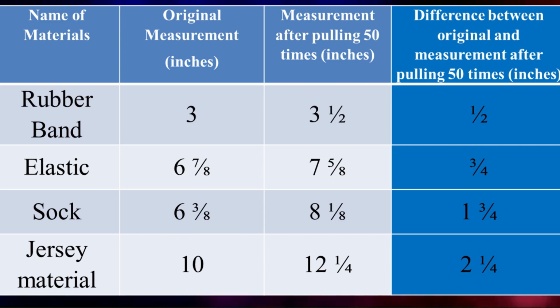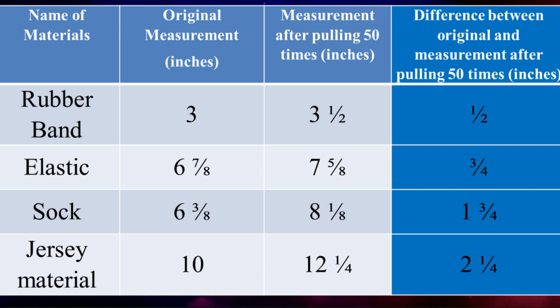Force was applied 50 times, hence it stretched 1 3/4 inches. And the jersey material was 10 inches and it increased to 12 1/4 inches after being pulled. Force was applied 50 times, hence it stretched 2 1/4 inches.